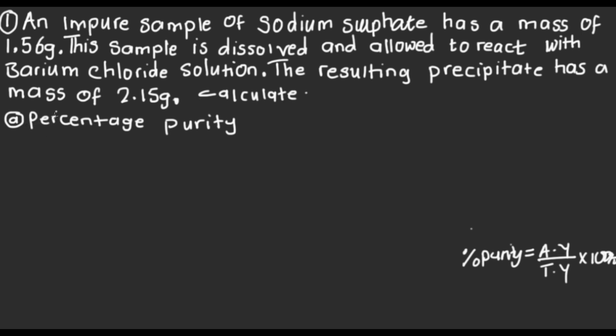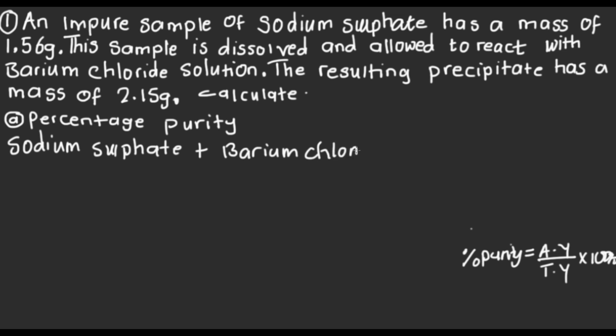So number one, we need to come up with a balanced chemical equation. So I'm going to write sodium sulfate. This is our reactant, plus barium chloride. So this is a double displacement reaction.